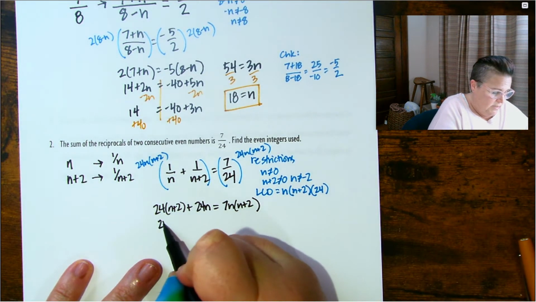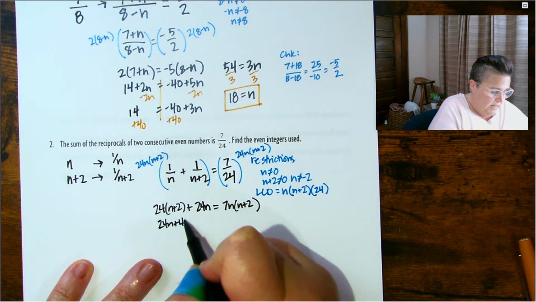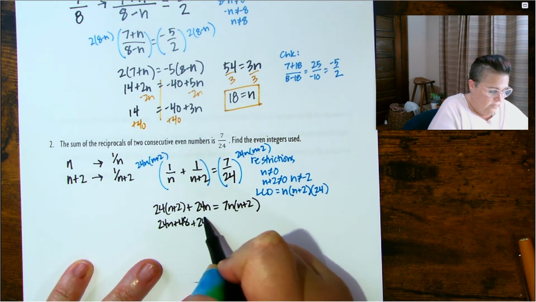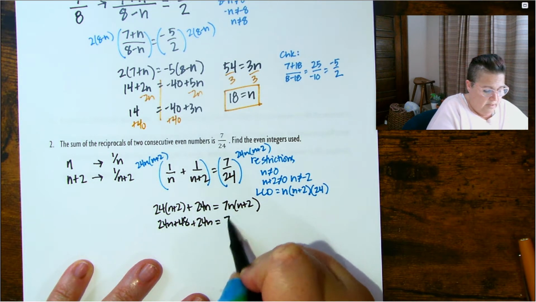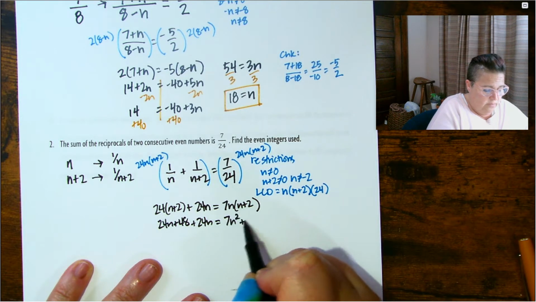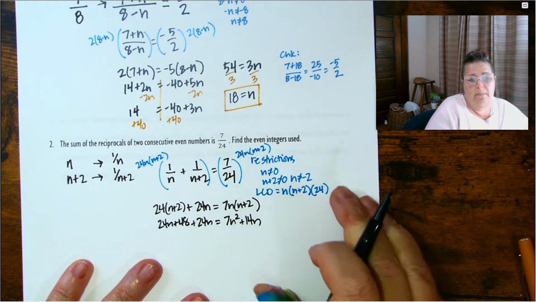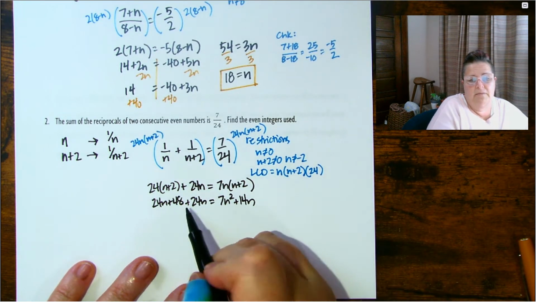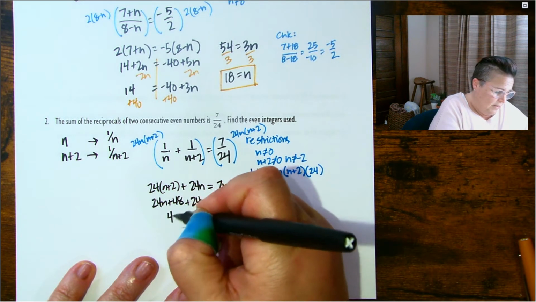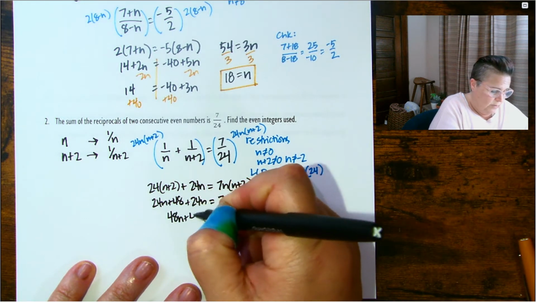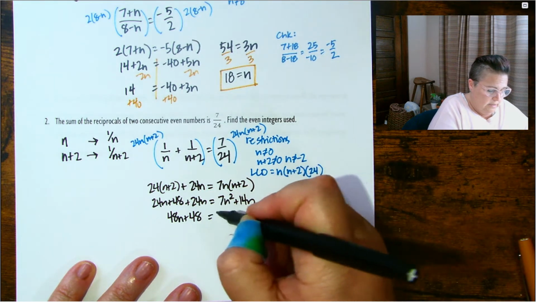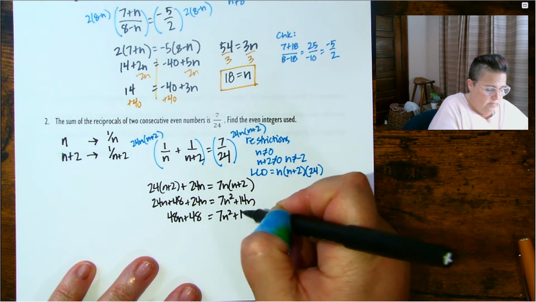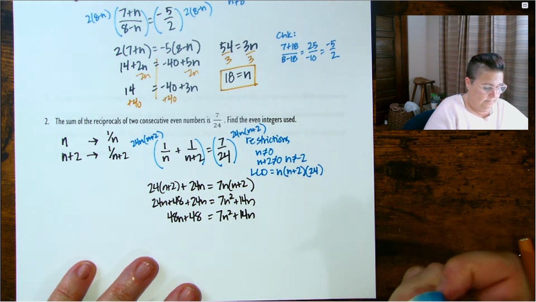Simplifying, this is 24n plus 48 plus another 24n. And this will be a 7n squared plus 14n. I can combine my 24n's, so I get 48n plus 48 is equal to a 7n squared plus 14n.